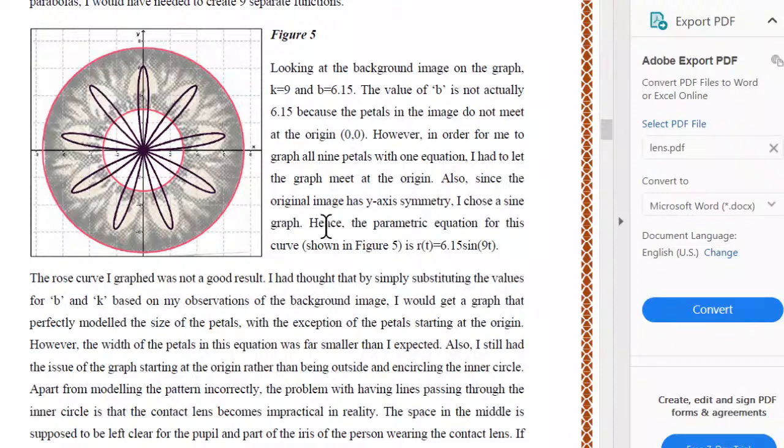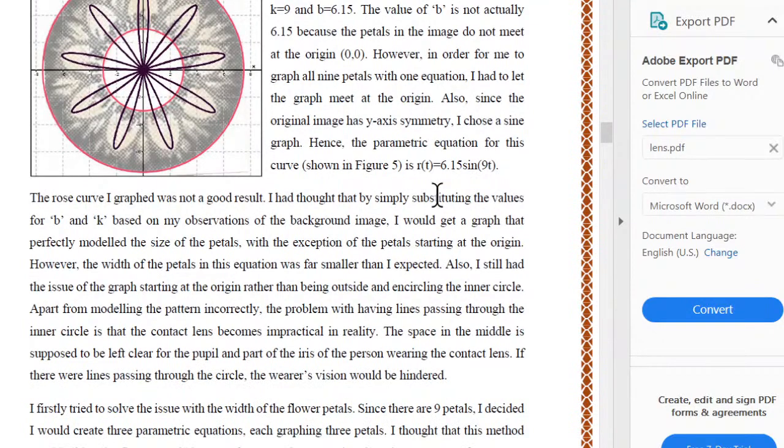So since the curve has y-axis symmetry, I chose the sine graph. Symmetric equation for this curve. 0.15 sine 9t. It's not very good results.